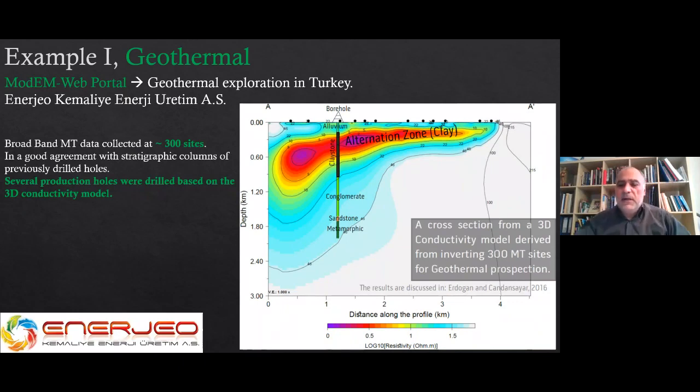What you are looking at, again, is a conductive anomaly observed in the 3D model, and there is a borehole. If you correlate the claystone, which is in the stratigraphic column of the borehole, with the location of this conductive anomaly, you will see a very nice correlation between the two.